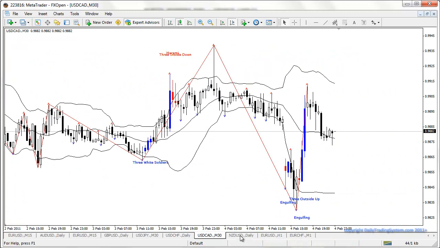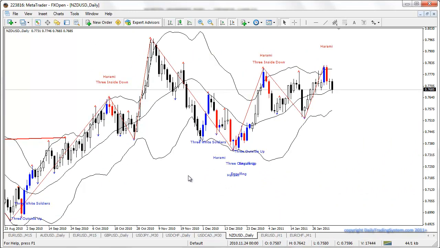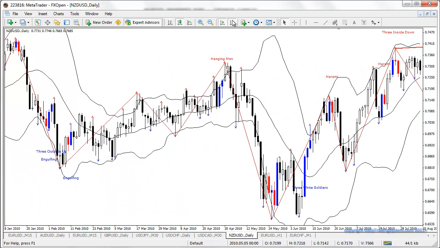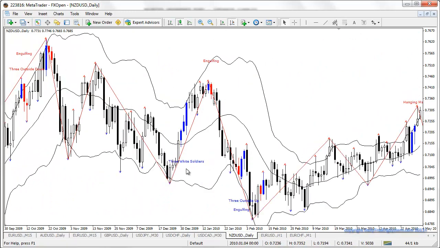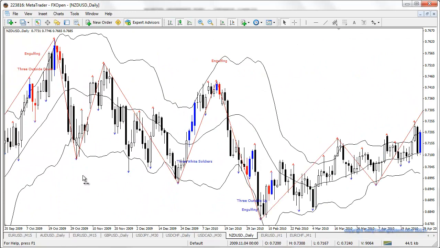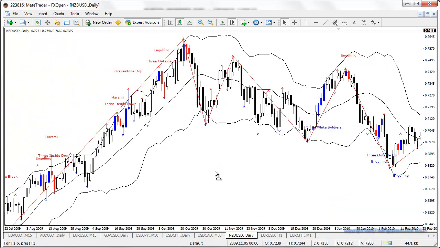Let's see if we can, just briefly, one more time, find any more through this currency pair. Well, here's one that looks a little bit the other way around. It looks a bit like a bullish one, but normally this should be a cross here and then that candle there, but that's not going to work for our example.